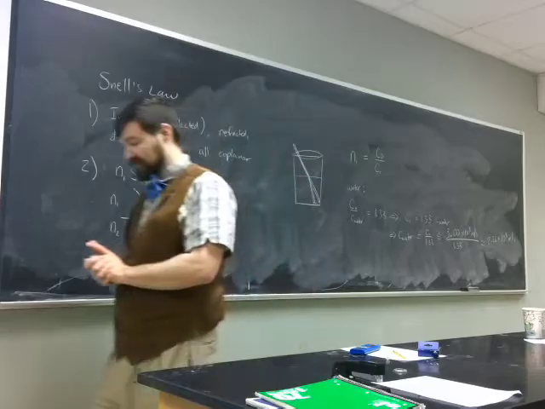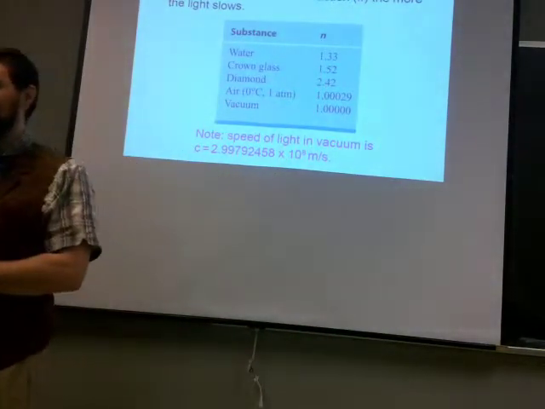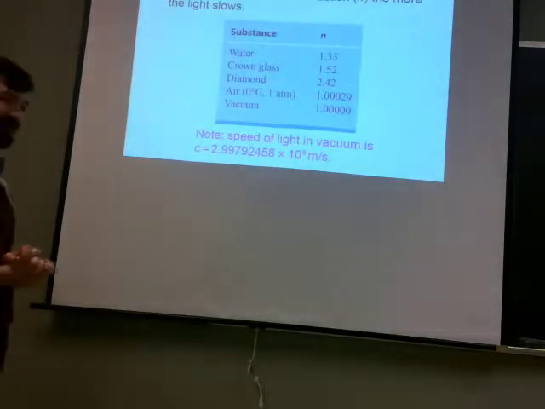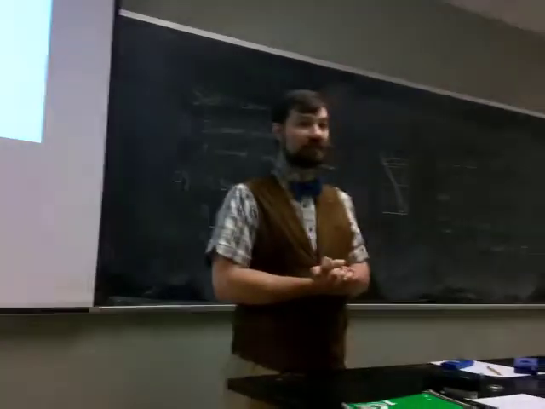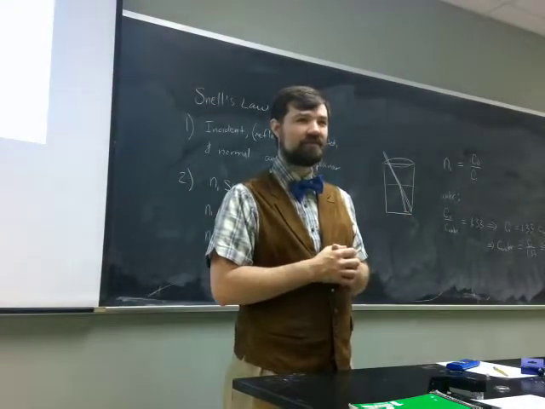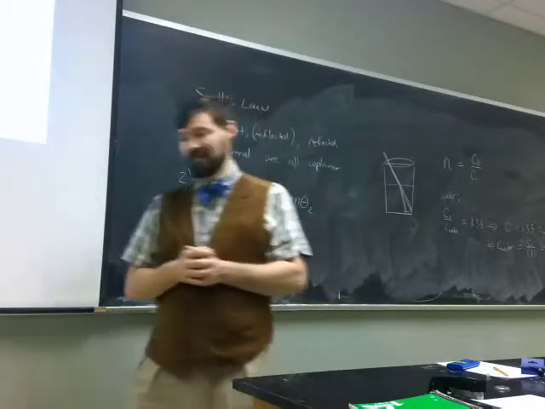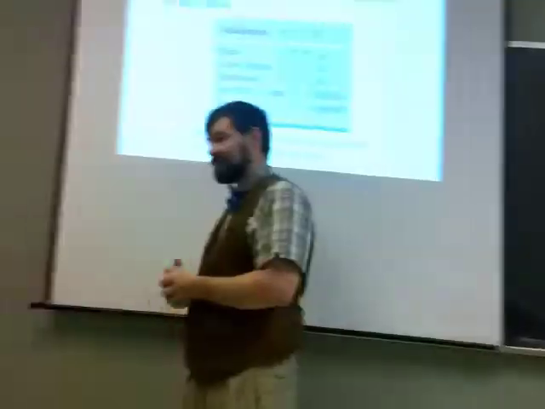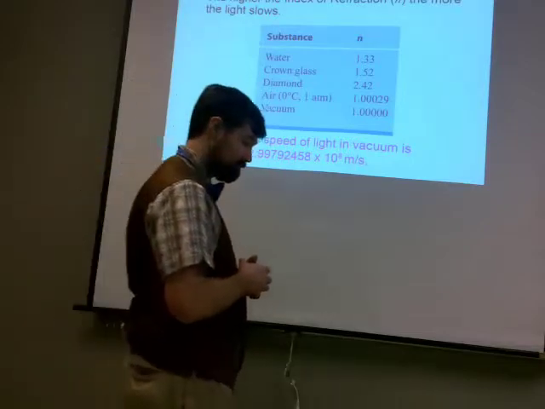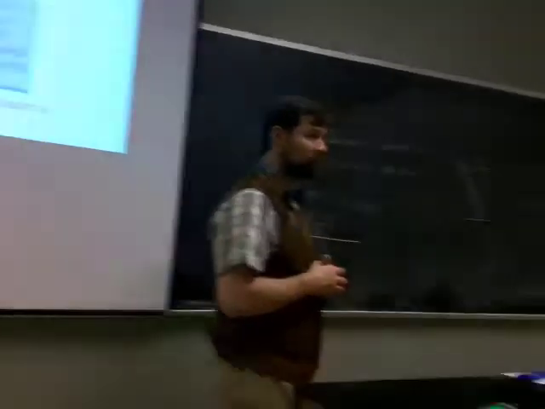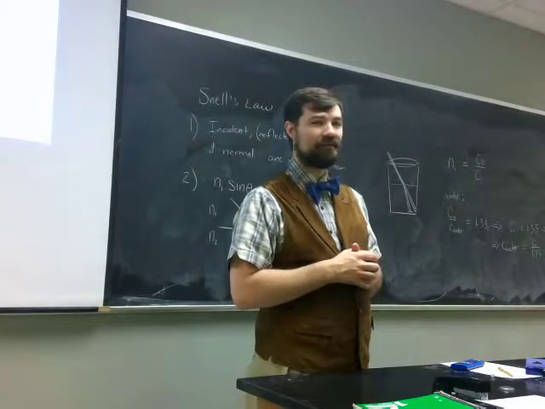So if you go to shorter wavelengths, say green at 532 nanometers, or blue at 400 nanometers, or violet at 380 nanometers, what you'll find is that each of those shorter wavelengths travels just a little slower. And if you go to longer wavelengths, maybe red in the 700 nanometer range, or orange at this 590 nanometer range, you'll find that those travel just a little bit faster through water.